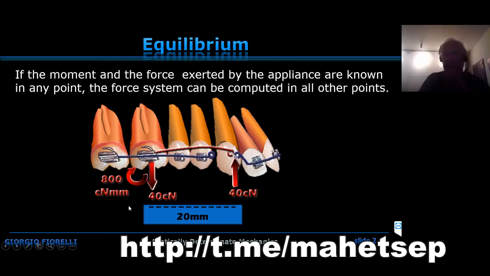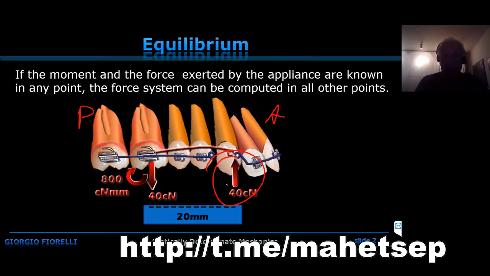It is called so because by knowing one of the 2 force systems that are applied in a 2-unit force system, here we have 2 units, the posterior unit and the anterior unit, I might draw here, anterior and posterior, we can measure this force with the force gauge. The problem is that we cannot measure the moment. We don't have any tool available to measure the moment that is generated here.